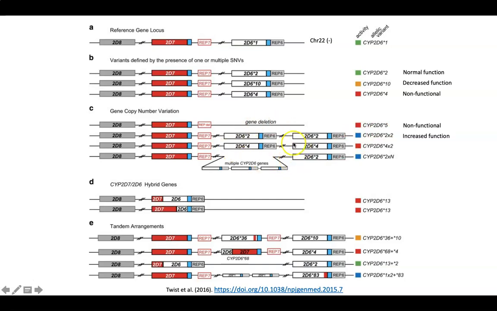So these variants really make sequencing this region difficult, and also alignment of short reads really difficult. Another thing to note here is the functional annotation of these haplotypes. So we see the normal function alleles, decreased function alleles, and non-functional alleles.